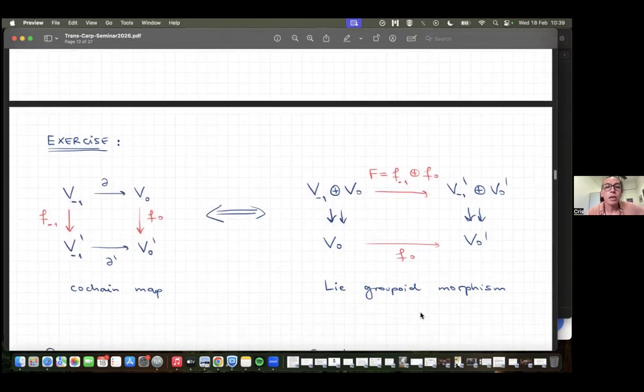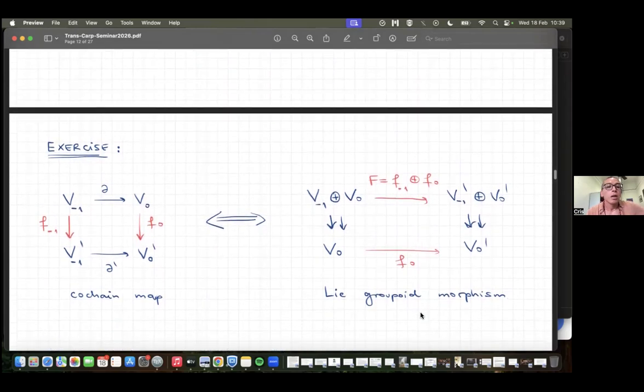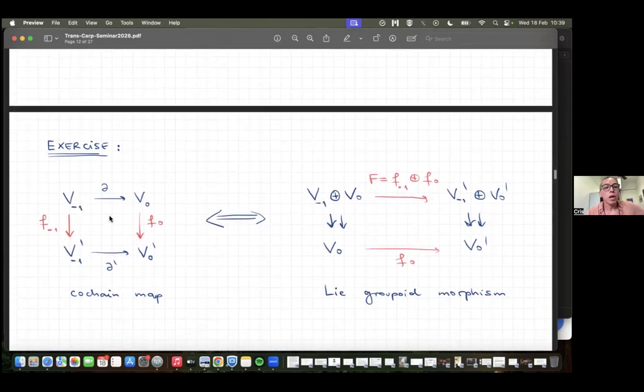So here's an exercise again. So suppose that we have a map between two-term complexes. So we have a two-term complex V and a two-term complex V prime, and a cochain map whose components are F-1 and F0. So then you can construct a groupoid map in this way on the right-hand side.